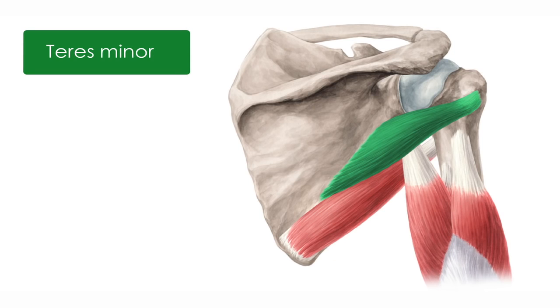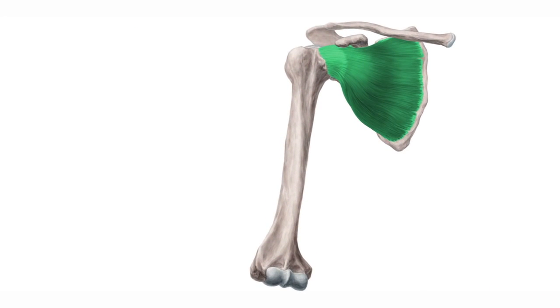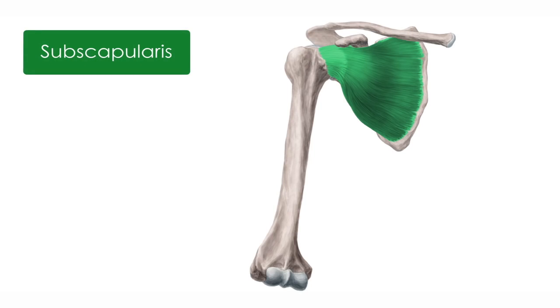Last on our list is going to be this muscle here highlighted in green, and this time we're going to look at the anterior view of the humerus and scapula, and anterior view, of course, of this muscle. This is the subscapularis, which originates from the subscapular fossa of the scapula right here, and goes all the way to insert on the lesser tuberosity of the humerus.